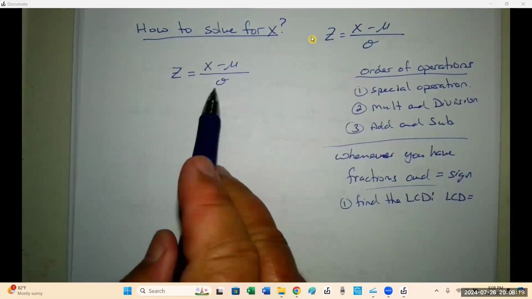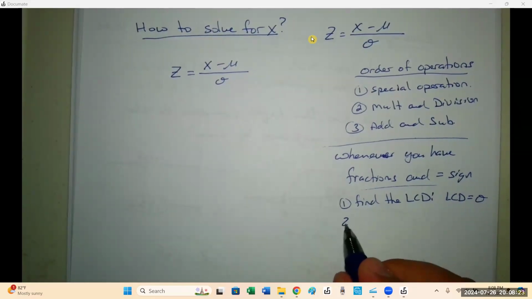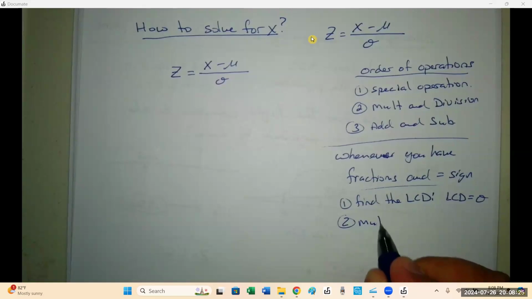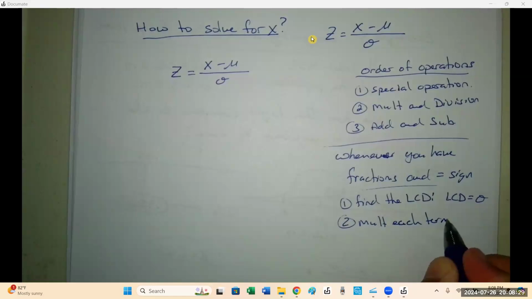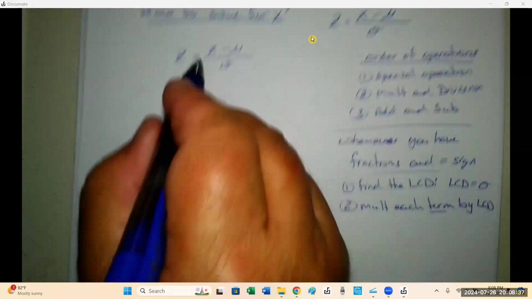So in this case, the only denominator we have is rho. Multiply each term by the LCD. When we say term, it's anything separated by plus, minus, or equals.